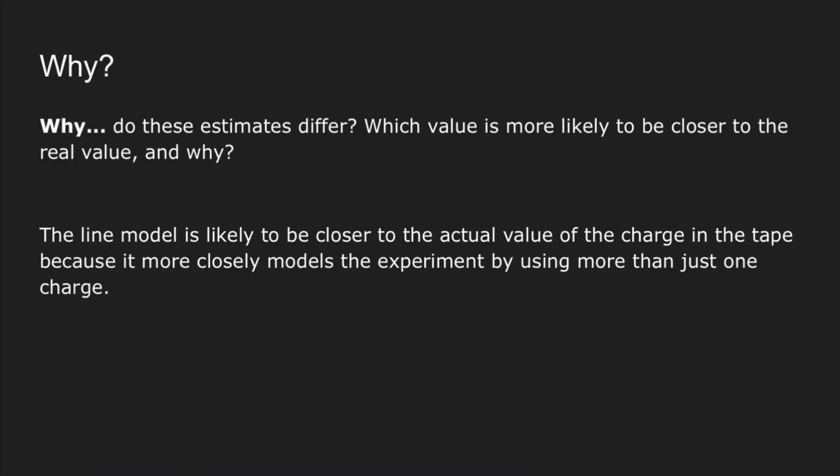The line model is likely to be closer to the actual value of the charge on the tape because it more closely models the experiment by using more than just one charge.